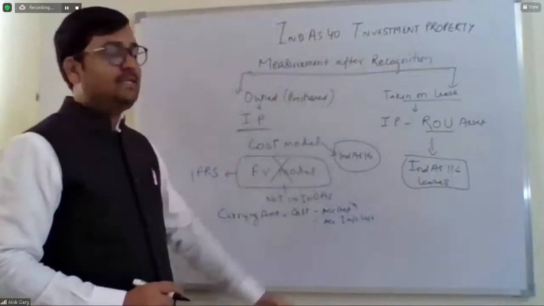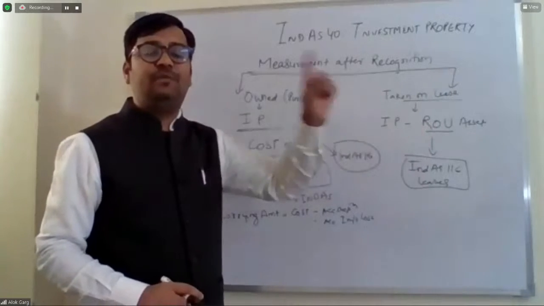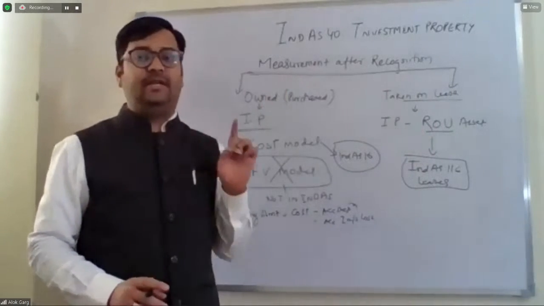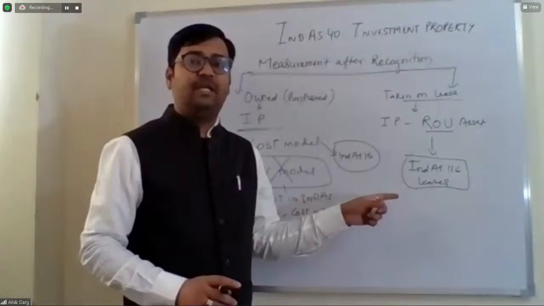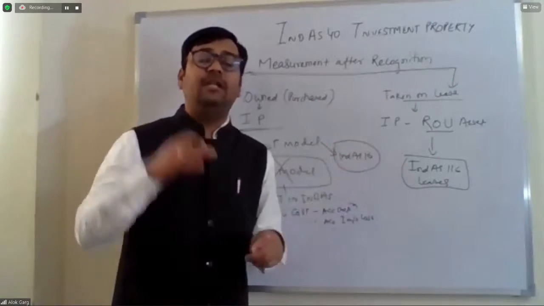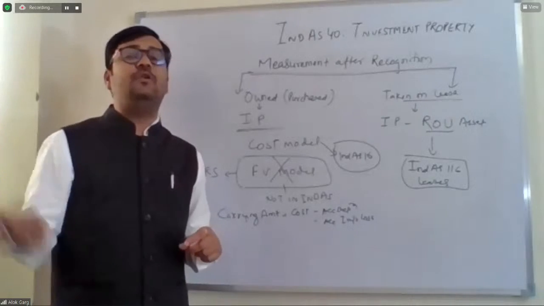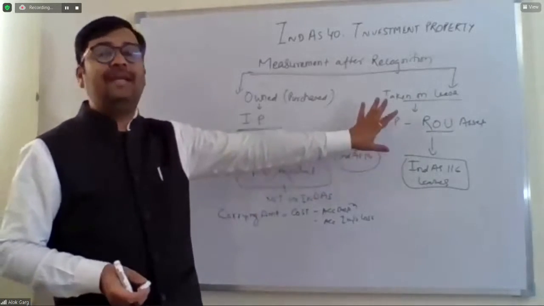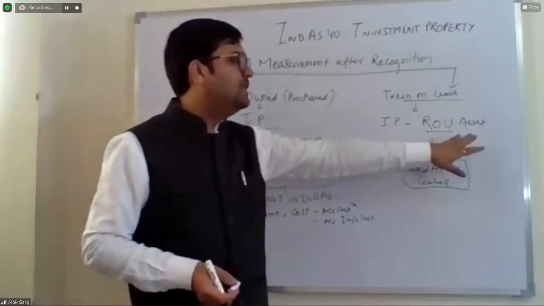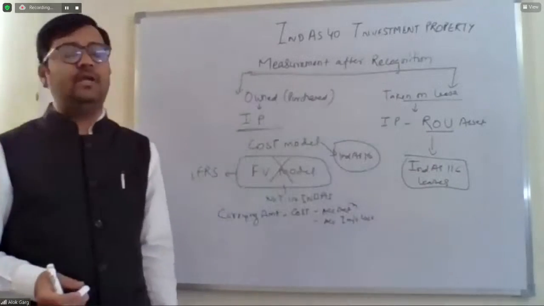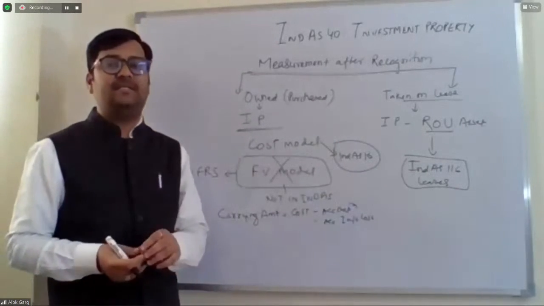It says that the right of use asset has to be depreciated at every year end over the period of the lease. And on the lease obligation, the second leg, interest is required to be charged. We are only talking about the asset part here. So the right of use asset is going to be depreciated as per IndAS 116.